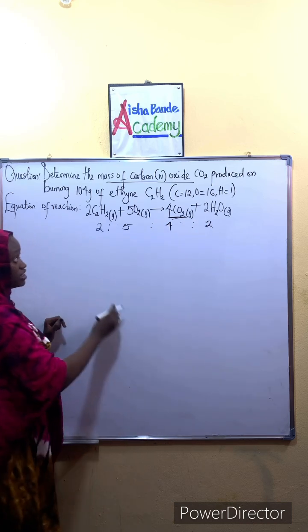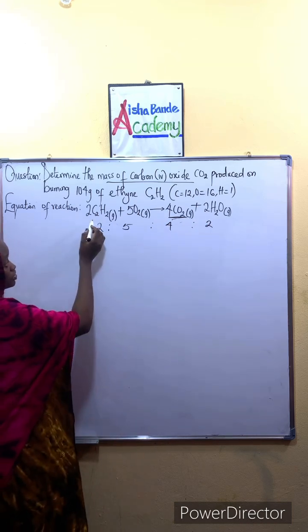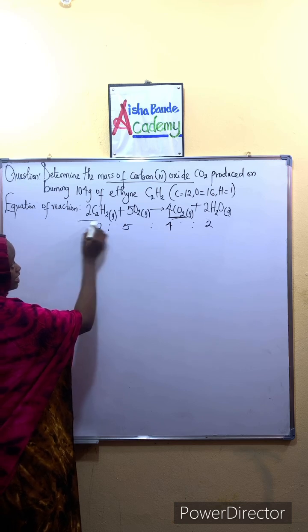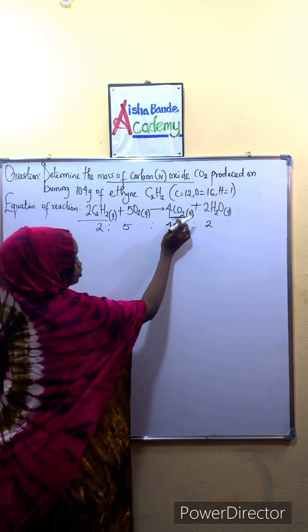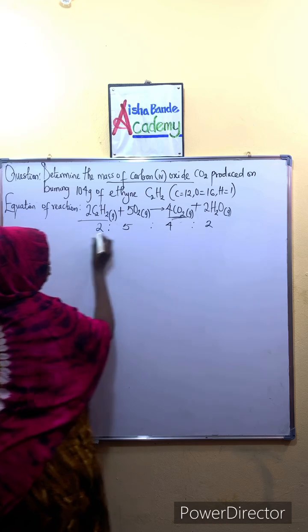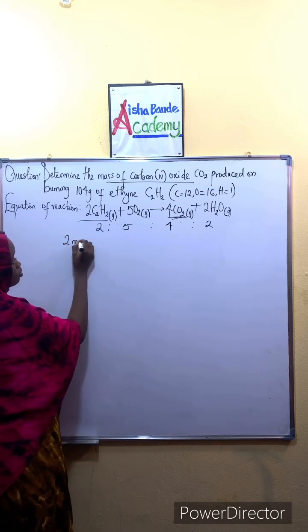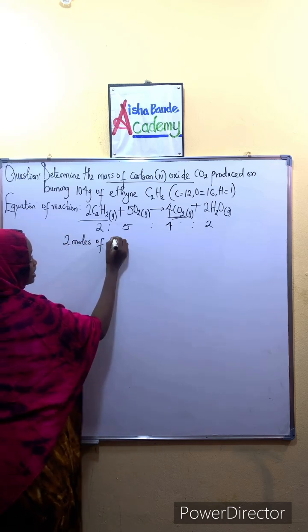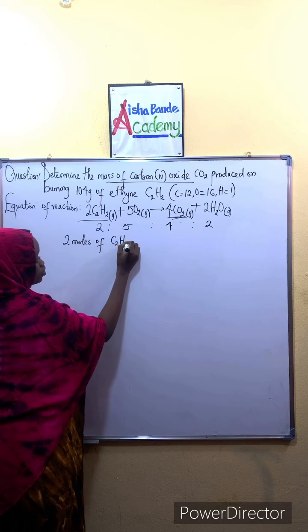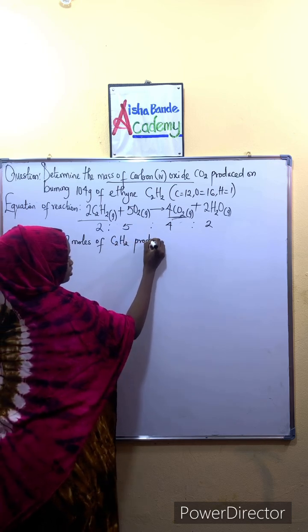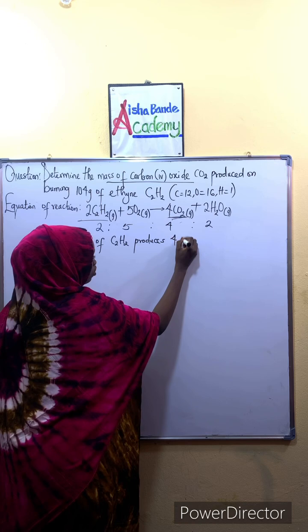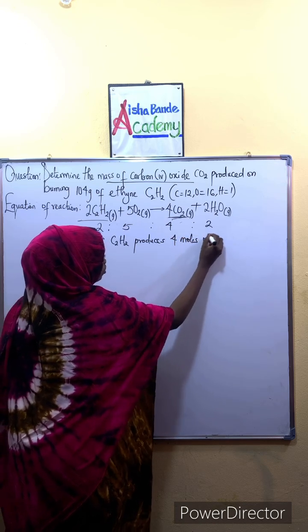Our comparison now is going to be between the reactant, which is the ethyne C2H2, and the product, which is 4CO2. Looking at this, we can see that 2 moles of ethyne, C2H2, produce 4 moles of CO2.